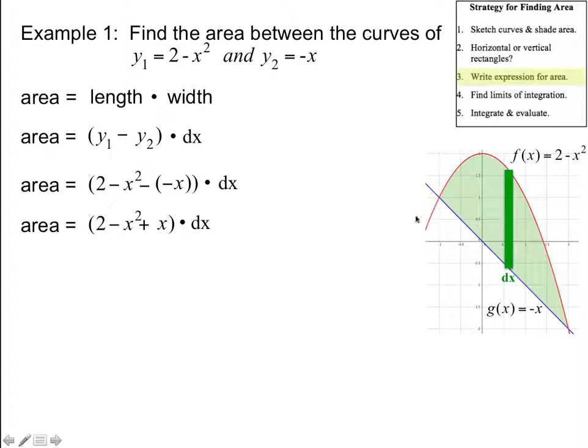And now we need to find out the points of intersection that enclose the shape between these two curves. And so we can pick that up right from the sketch here. So we know we have the points of intersection at x equals -1 and x equals 2.